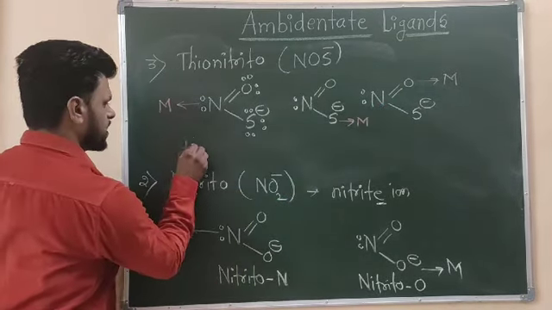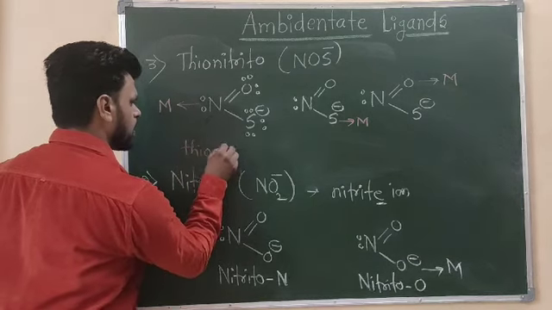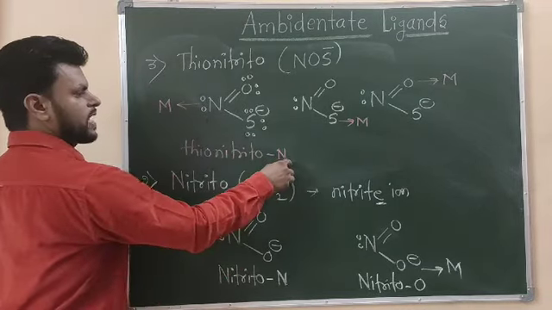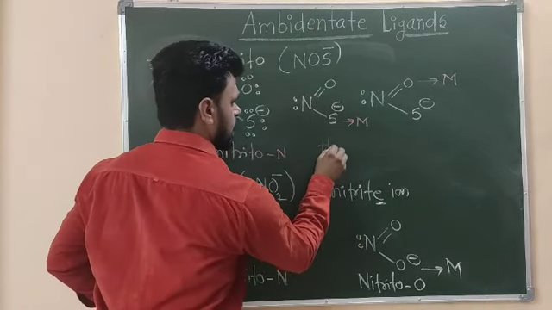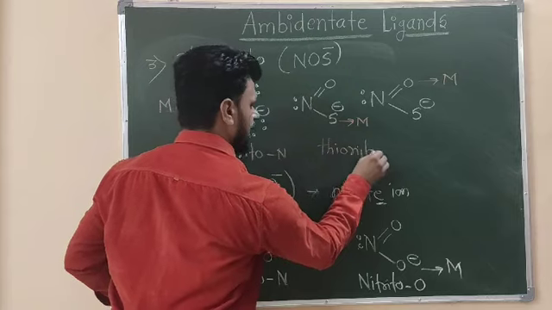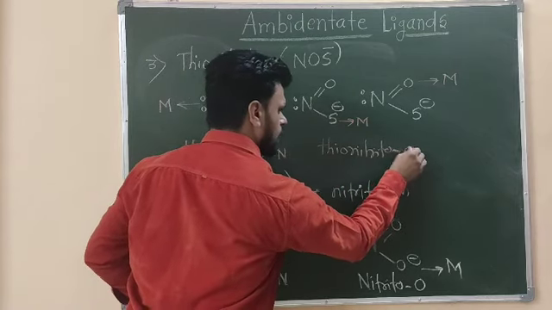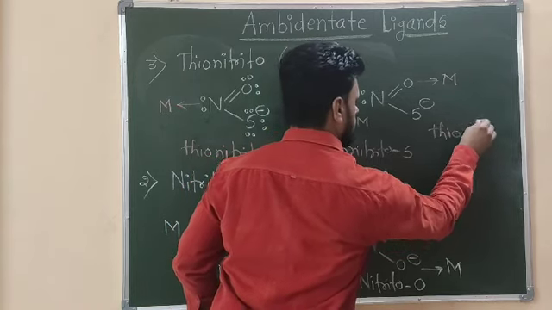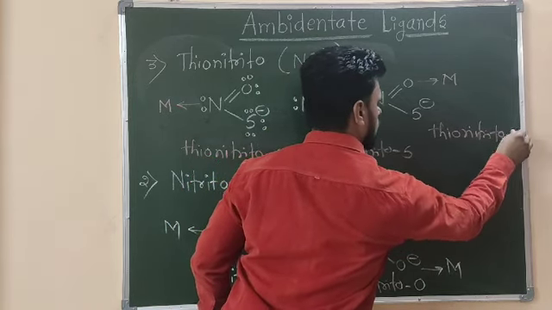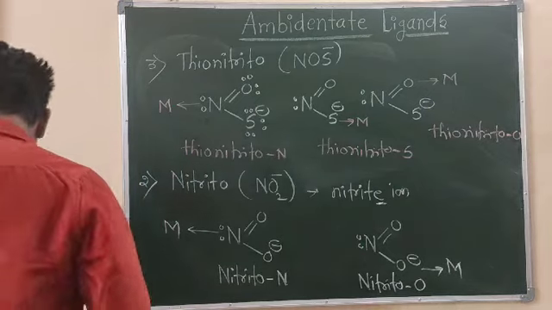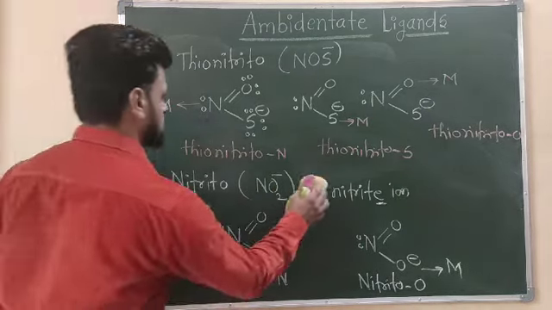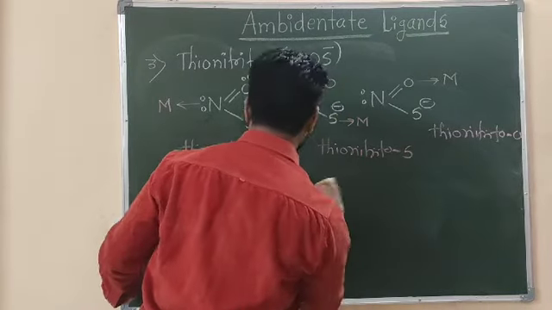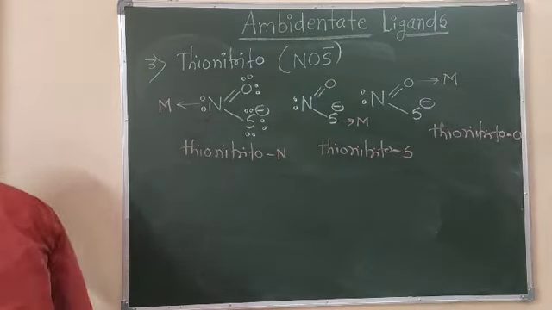So name it in this way: a thionitrito atom, which is forming a linkage N. Now here a thionitrito S, and here a thionitrito O, right? So one molecule has 3 donor sites and all can be used for bonding with the given metal ion.